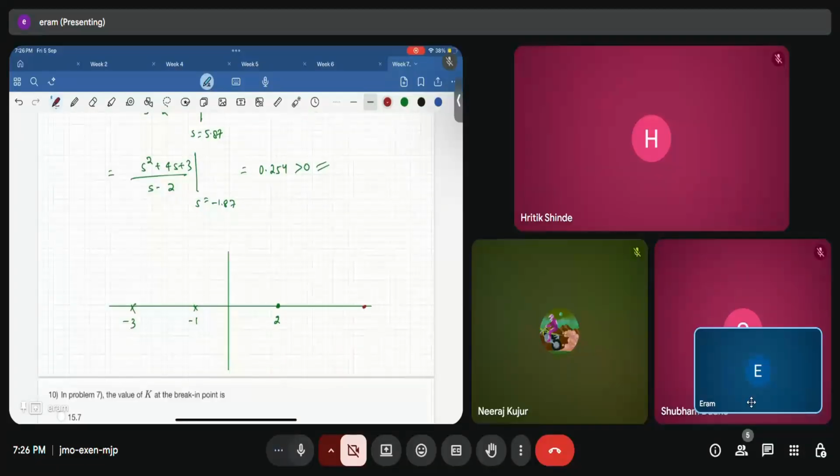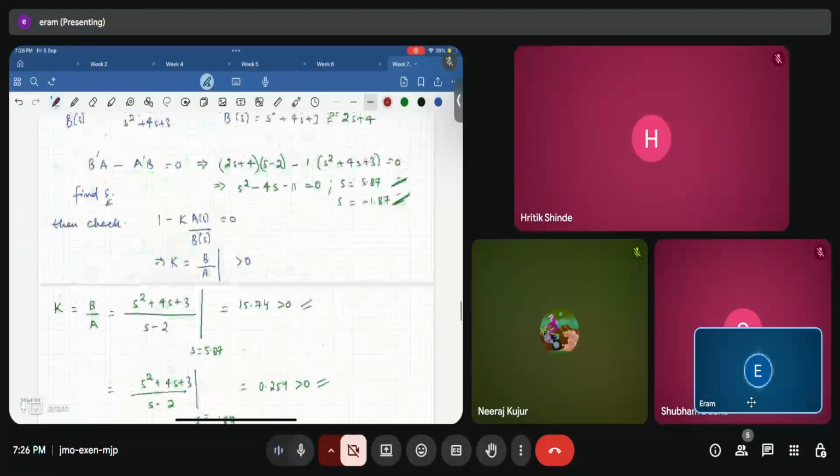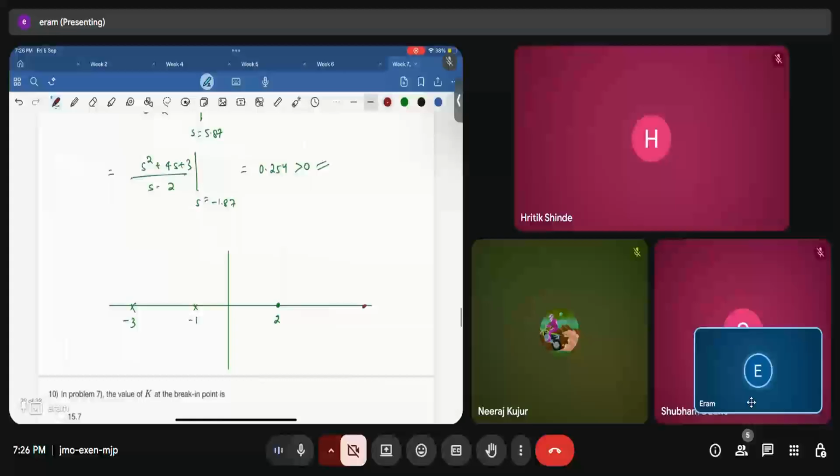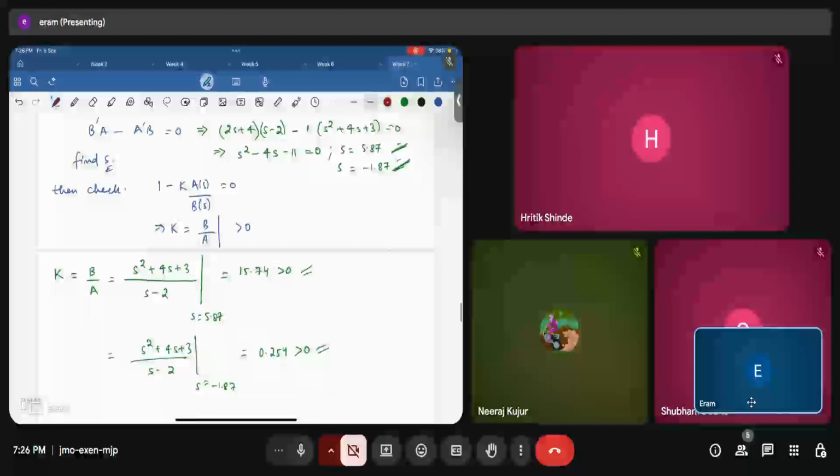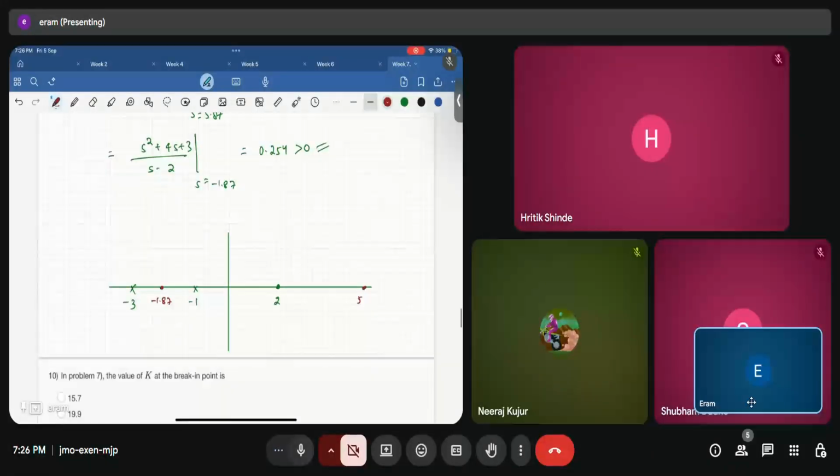Okay. And the other point is at s equals to -1.87, which is somewhere here. Okay. Now can you comment which of these two red points is a break-in point?